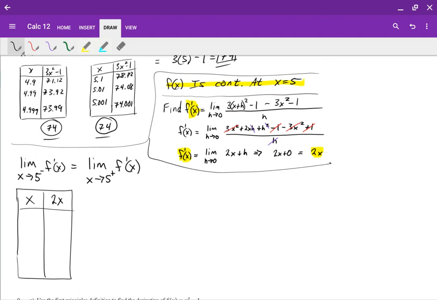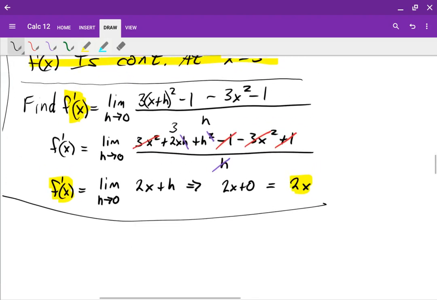Oh, shoot, I messed up big time here, because the derivative is not 2x, it's 6x. There should be a 3 distributed in. Let's go back to this derivative.